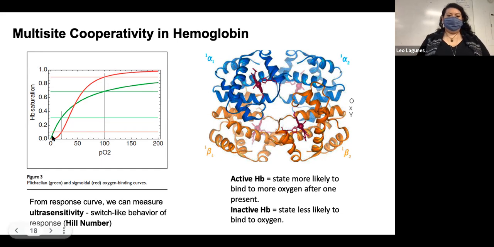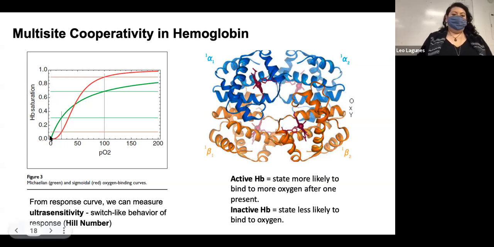And what happens, in Michaelis Menten, which is this green curve here, if we measured the amount of oxygen on the x-axis and on the y-axis, the amount of hemoglobin saturation. If hemoglobin acted in a non-cooperative way, we would see a Michaelis Menten response, which is the green one.